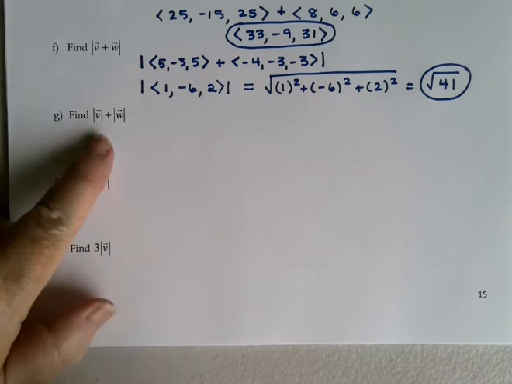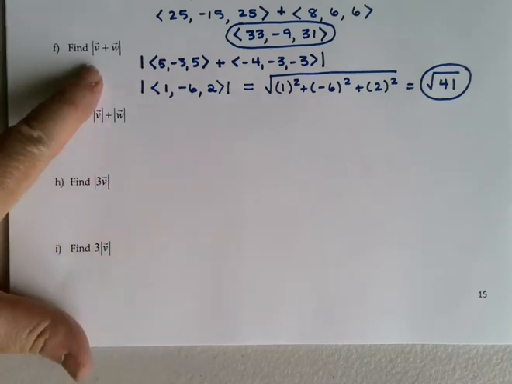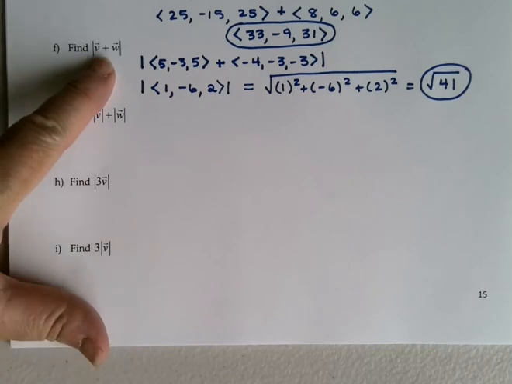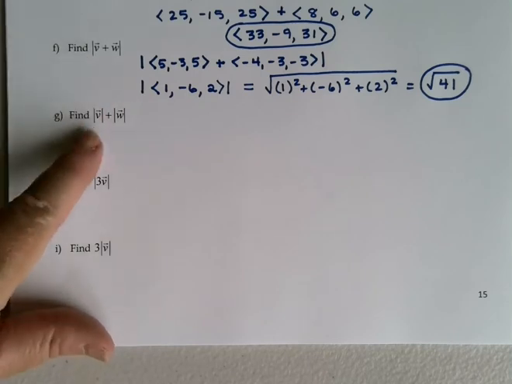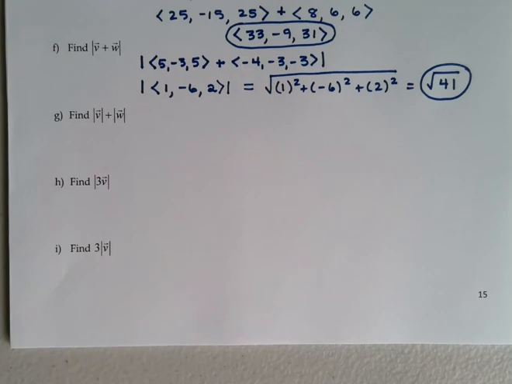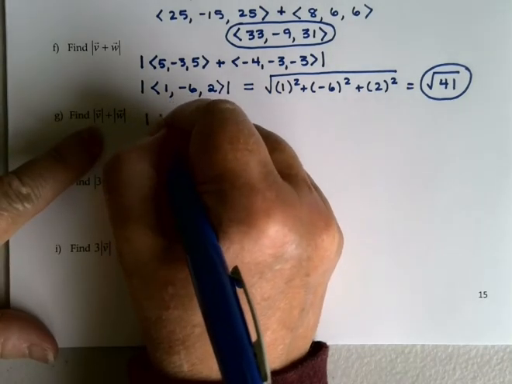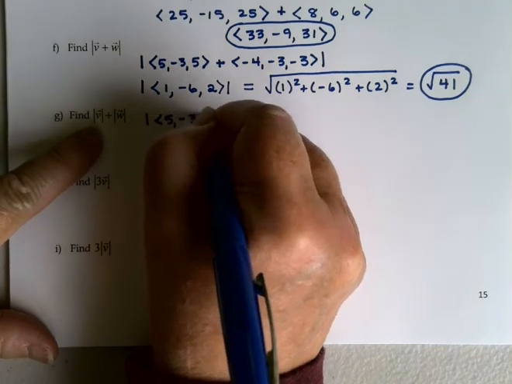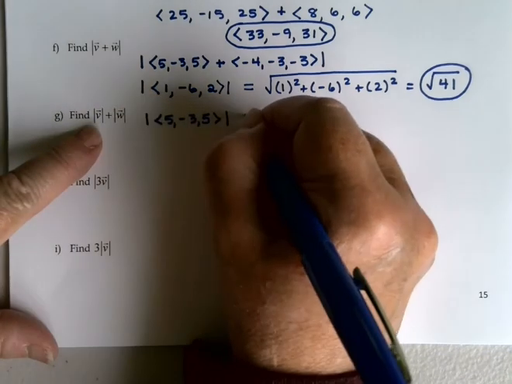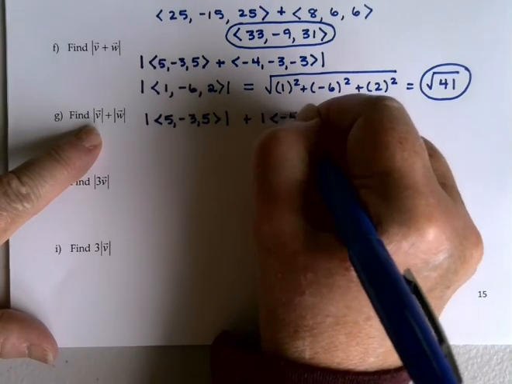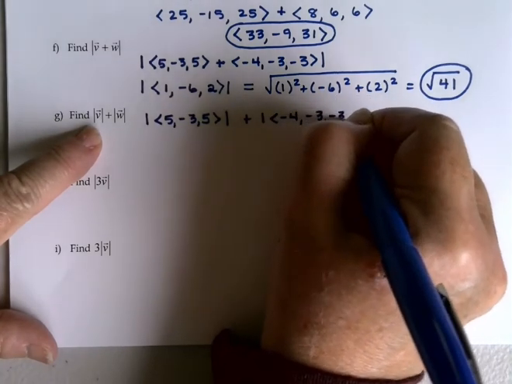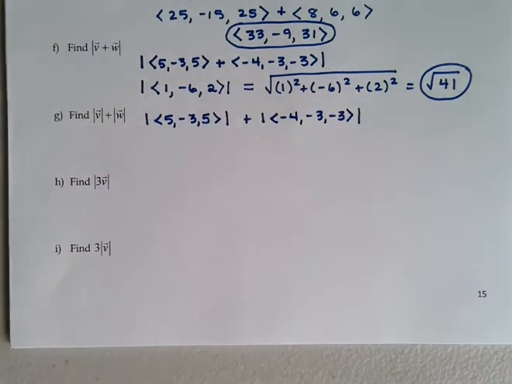All right, let's check this one out. Are we going to get the same answer when we added and then took the magnitude as if we take the magnitudes first and then add? Let's find out. This one says first take the magnitude of v and the magnitude of w, and then add after you get the magnitudes.